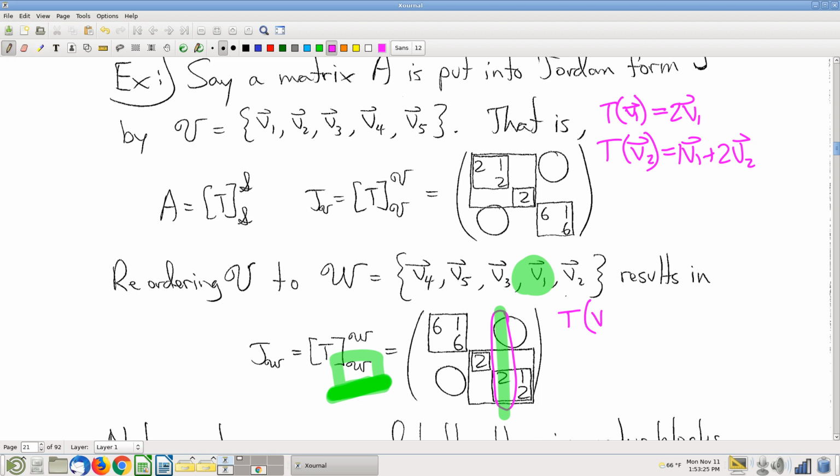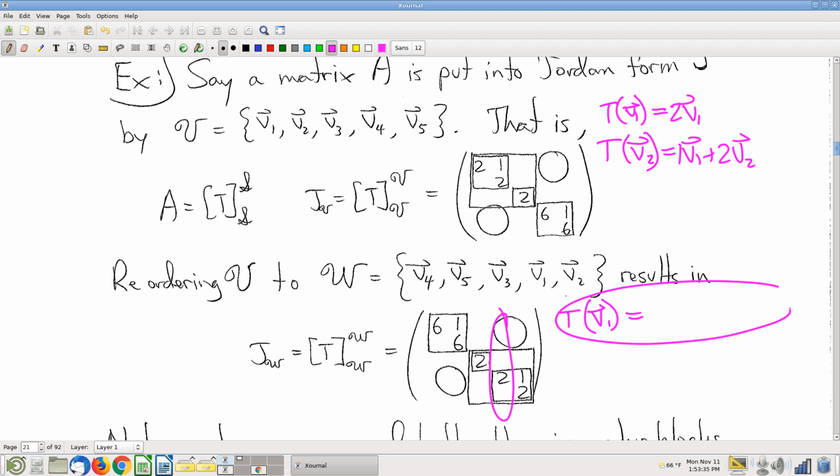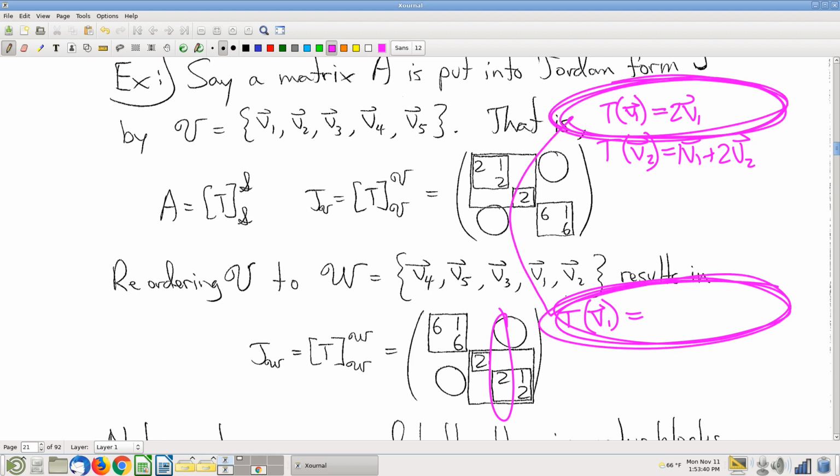So T of V1 equals, so now as we go through here, for comparison purposes, keep your eyes on this equation right there. We're going to end up reproducing that same equation. Again, doesn't look good at the very first.